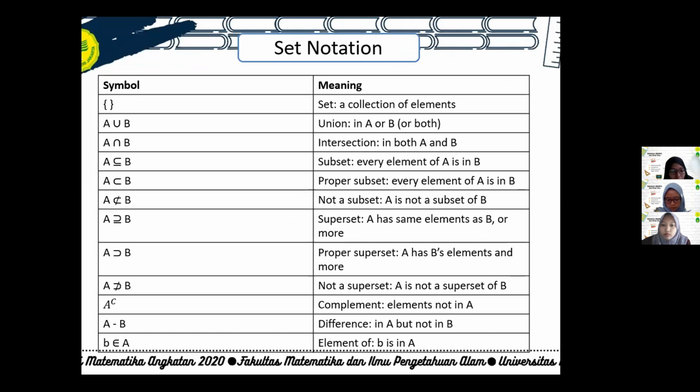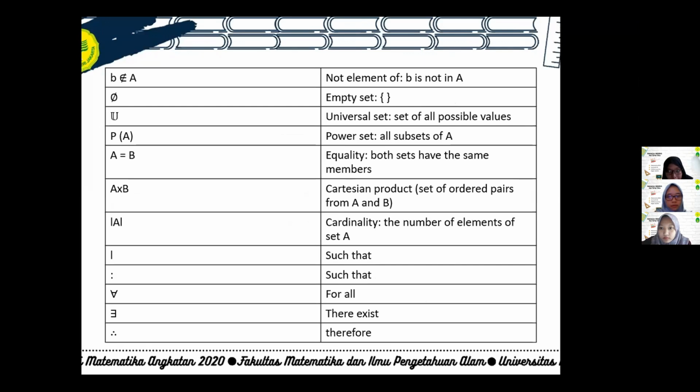This is the symbol element. B is A. This symbol means D is not in set A. This symbol is the empty set, or we can use curly brackets. The universal set is the set of all possible values.